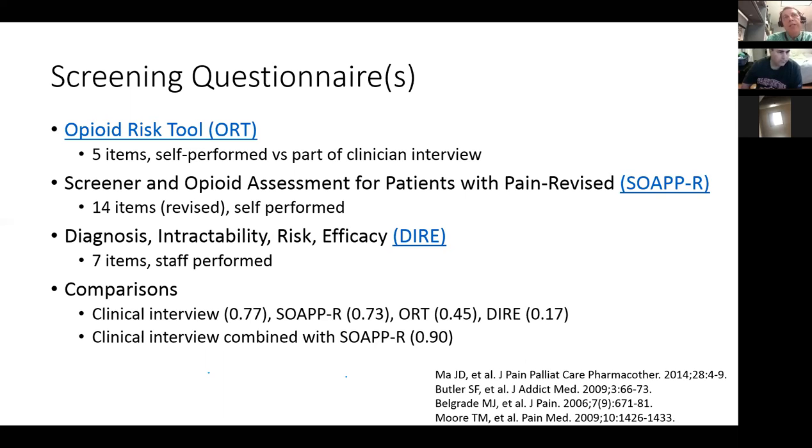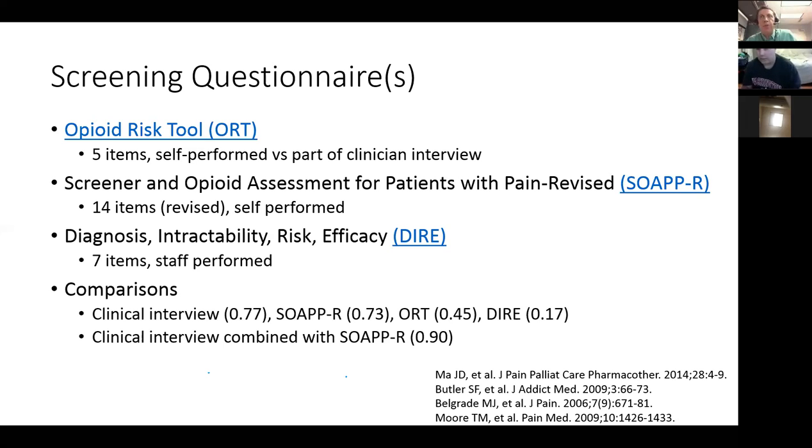But in one study that looked at the comparisons of sensitivity for the ability to pick up potential risk for opioid misuse and abuse, a trained psychologist understanding the ins and outs of clinical interview was by far and away the most sensitive, followed by the SOAP tool.